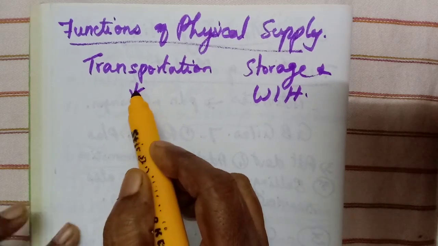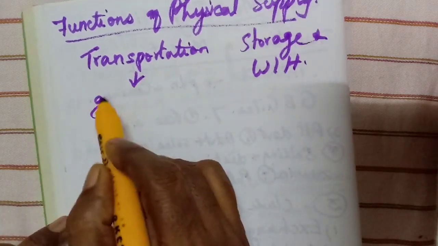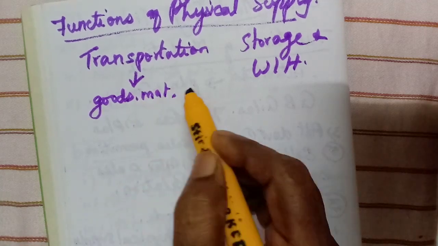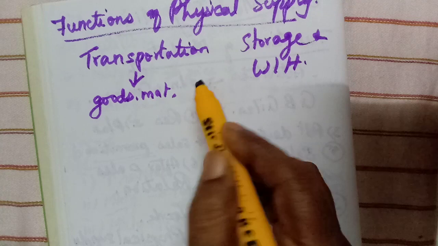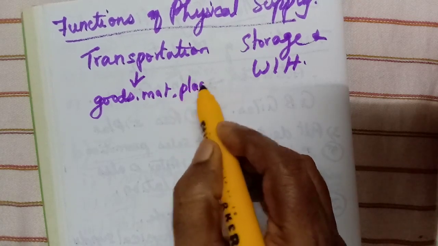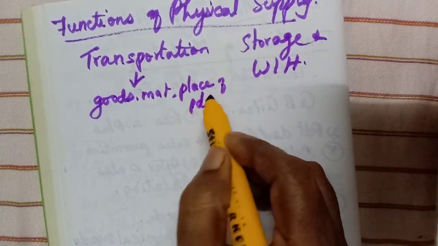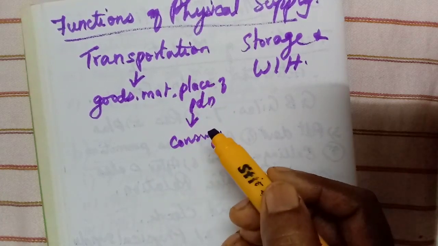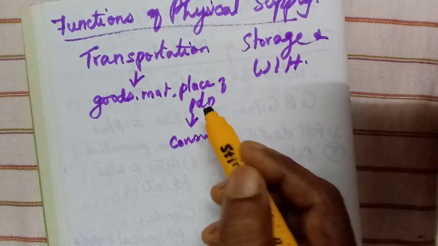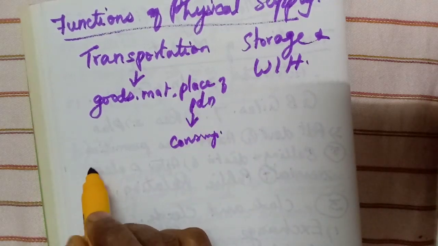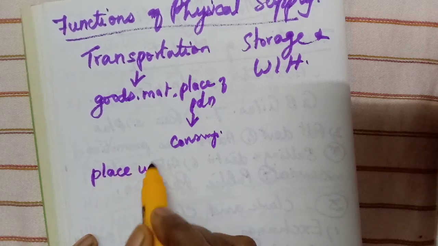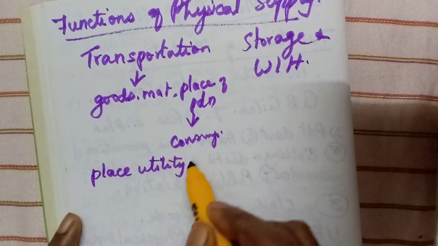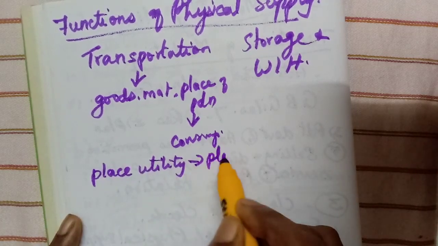What is transportation? We know very well, isn't it? Transport means carrying goods, things, materials, machines, whatever it is, from one place to another, from the place of production to the place of consumption. That is called transportation. This creates place utility. In 11th you have studied the same thing.